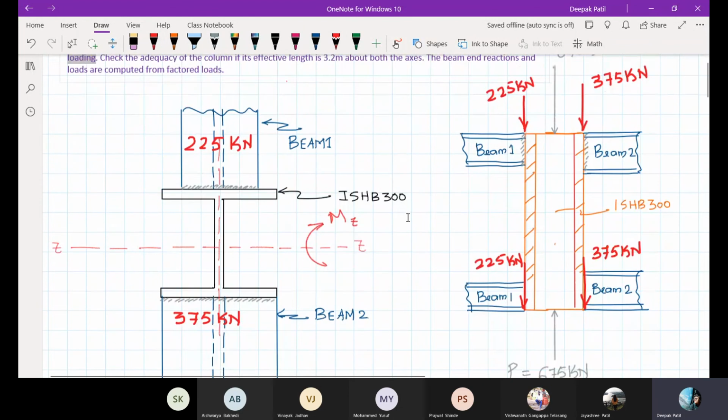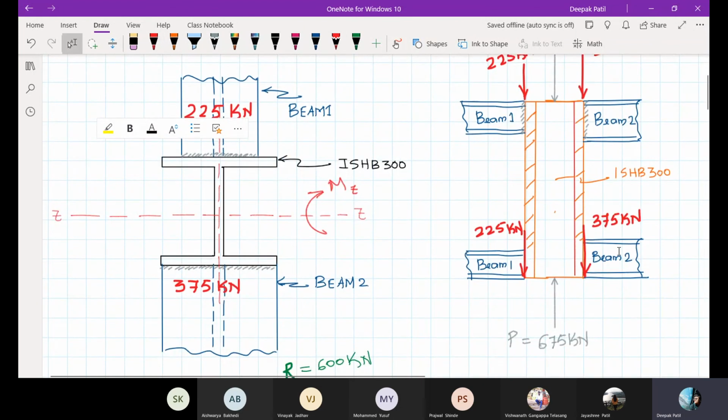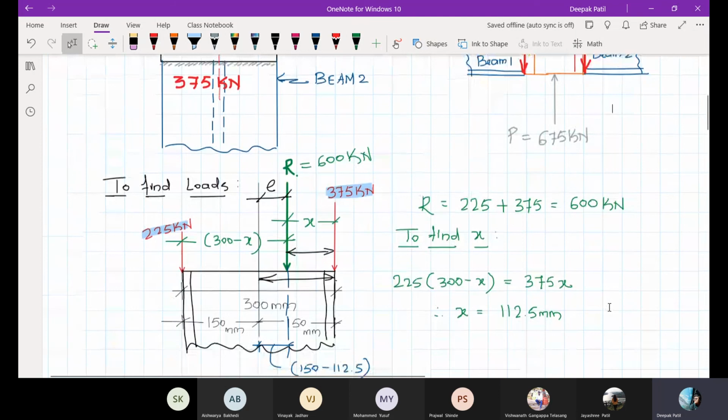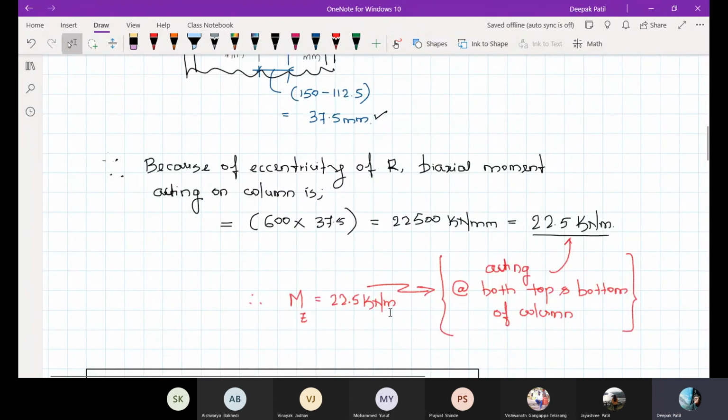It means at the bottom also the same end reactions are being transferred and the same types of beams are being welded to the column. So with this, I can confidently say that Mz, which you have calculated as 22.5 kilonewton meter, is the same at both top and bottom of the column.